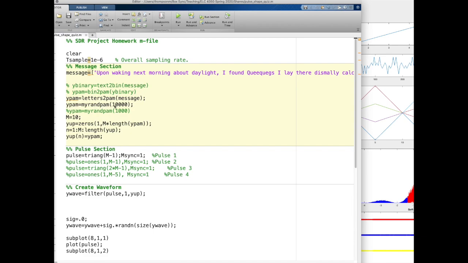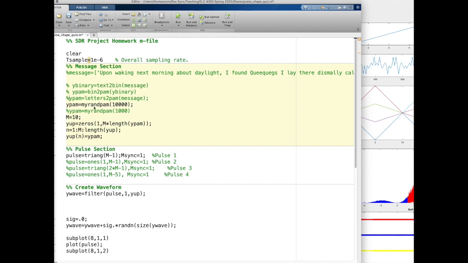This different message signal has 10,000 data points, which makes it a little better for simulations. So you can comment or take these out and use different types of message signals, a real one or a random one.